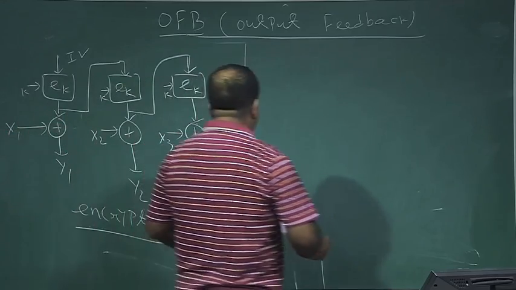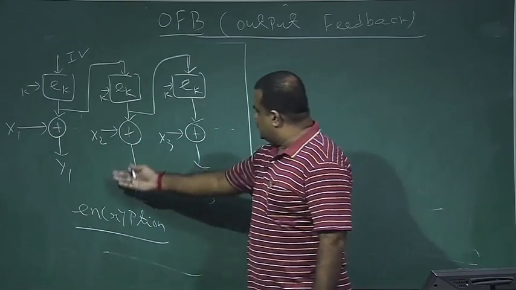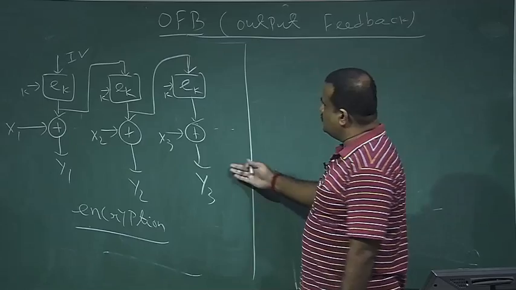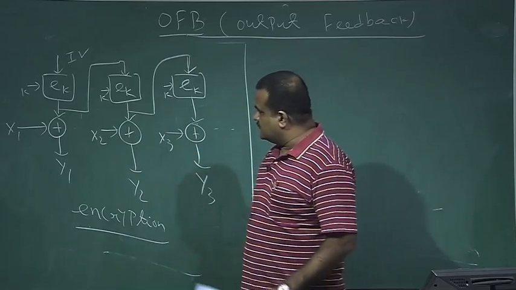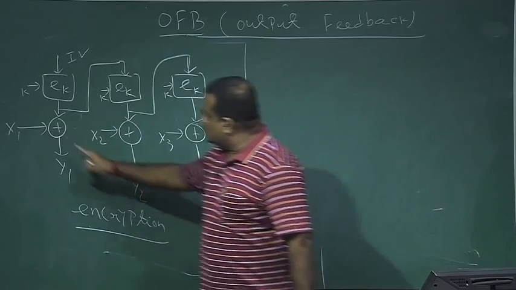Okay, and then the decryption will be, we have given this Y1, Y2, and so on, and we have to get back this X. So, how to get X1?